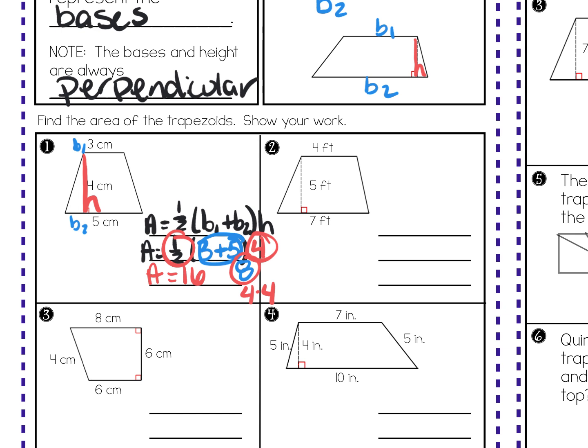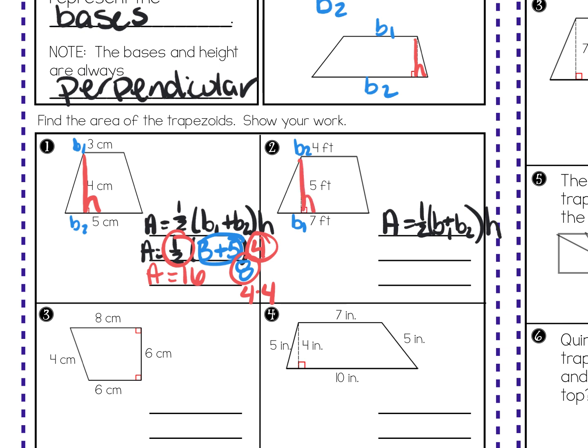Let's try one more together. A equals 1/2 (base 1 plus base 2) times the height. So let's identify our bases: base 1, base 2, and our height.